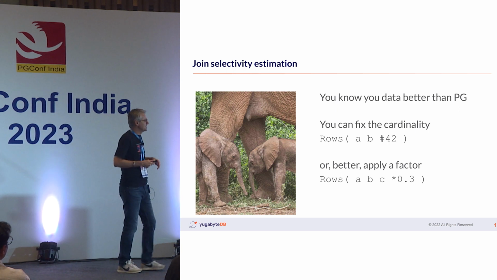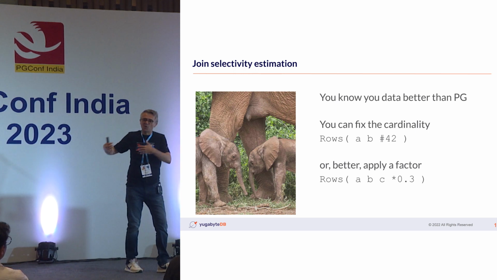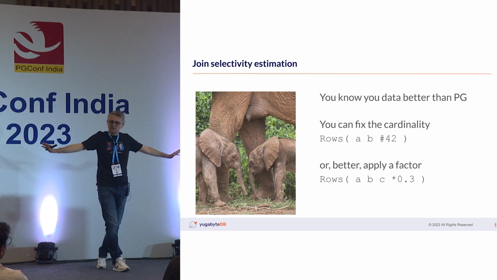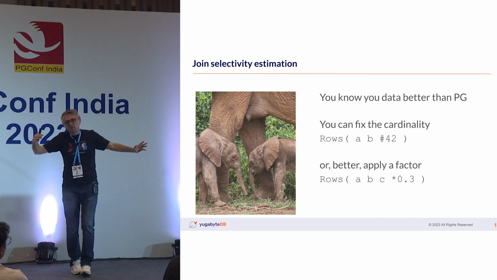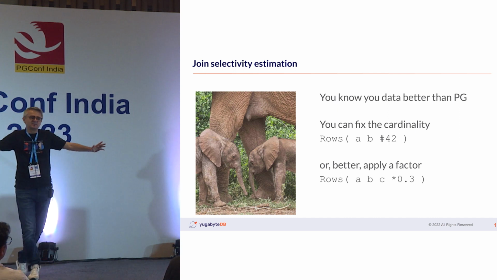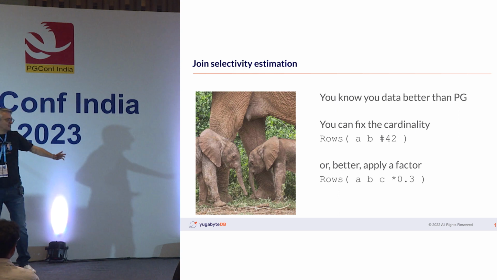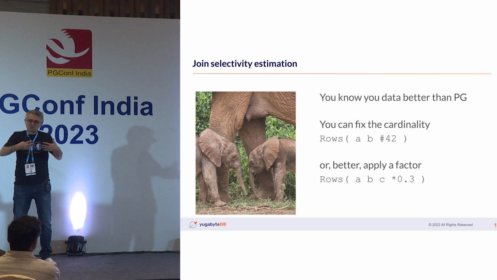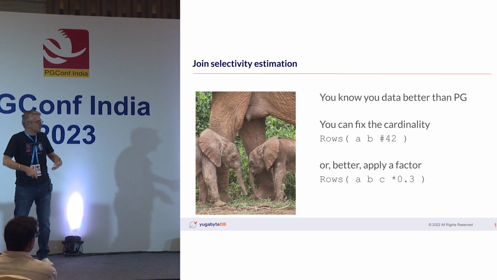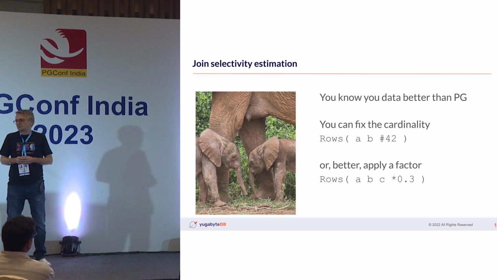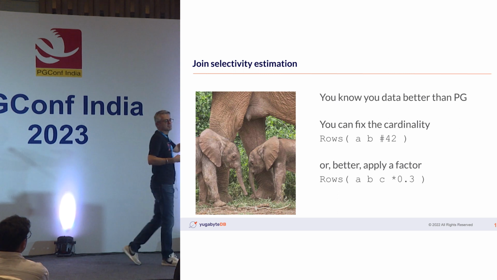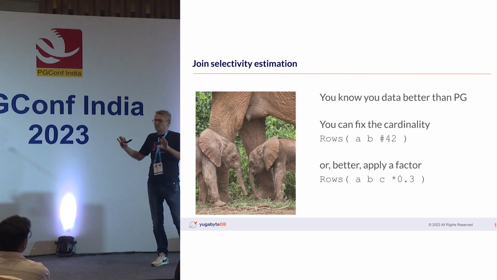Or better, because your tables may grow, when you join A, B, and C together, you usually overestimate the cardinality, and it is actually 1/3 of it. And then you still estimate with your cardinality estimation, but just multiply by 0.3. And then even if your table grows, this is still good, as long as the distribution is about the same.